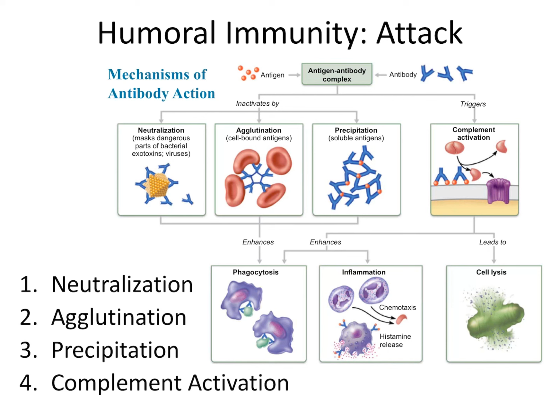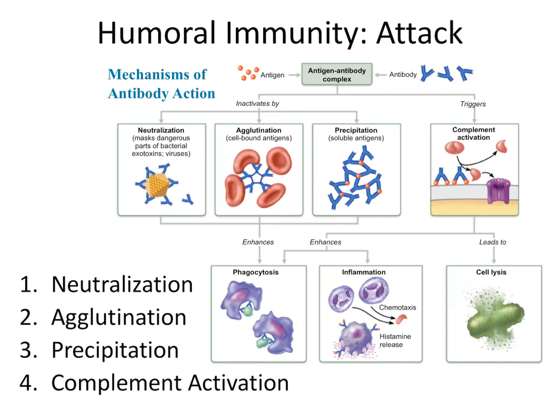So the first of these is neutralization. You can see that one is pictured here. And this is essentially the process whereby an antibody, which has a binding site for an epitope, a specific part of that antigen, is going to bind to that epitope or antigen, and it can mask the binding sites that it might need to, for example, enter into one of the host cells.